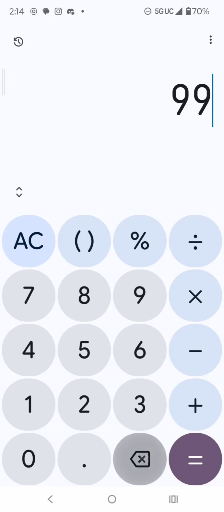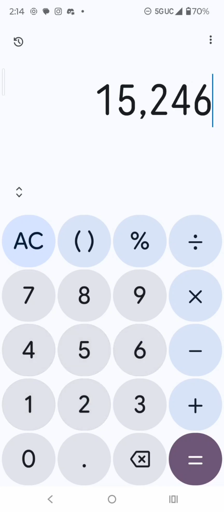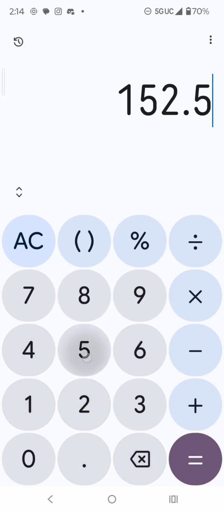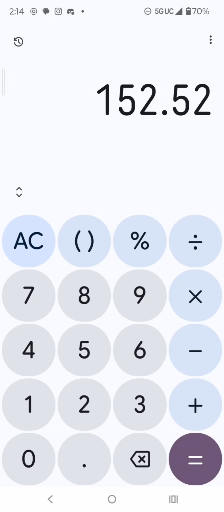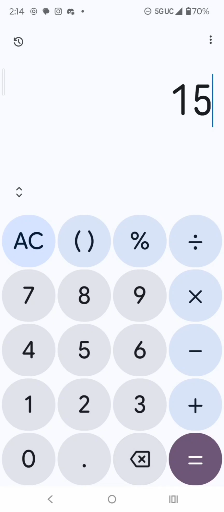You take the cents off and you take the last number off, and that is your risk base. If you have 152.52, you take the cents off and then the last digit off after that. So 15 is your base.